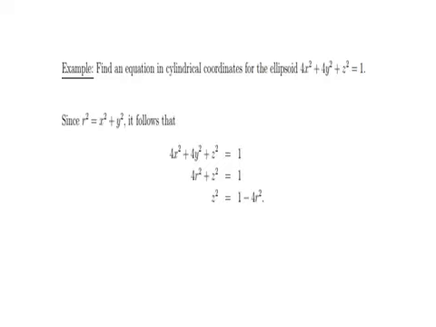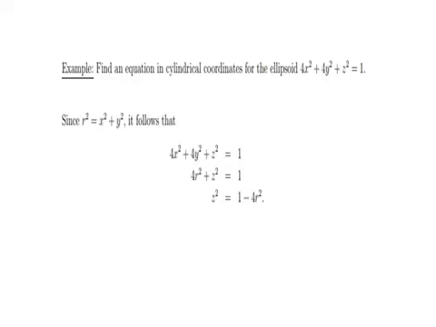We have another example in cylindrical coordinates. We have to find an equation in cylindrical coordinates for the ellipsoid, which is defined by x square plus 4y square plus z square equals 1. So we have to transform this equation into the cylindrical coordinate system, that means we have to write the equation in the form of r, theta, z.